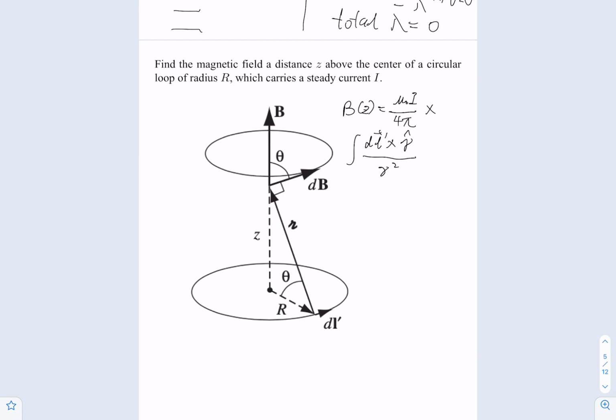Because we are looking at the z component of this cross product, in the end what we do is simply multiply by cosine theta with this amplitude.